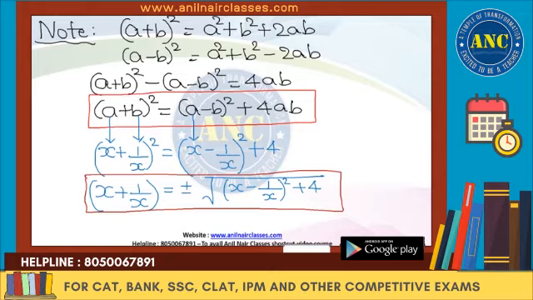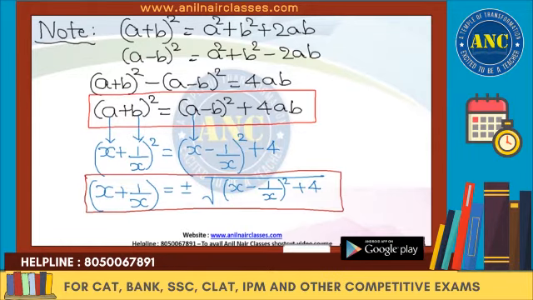Now observe carefully, sir. Suppose for example we earlier knew that if we know the x plus 1 by x value as k, then x square plus 1 by x square will be k square minus 2. Similarly, if x minus 1 by x is k, then x square plus 1 by x square was k square plus 2.